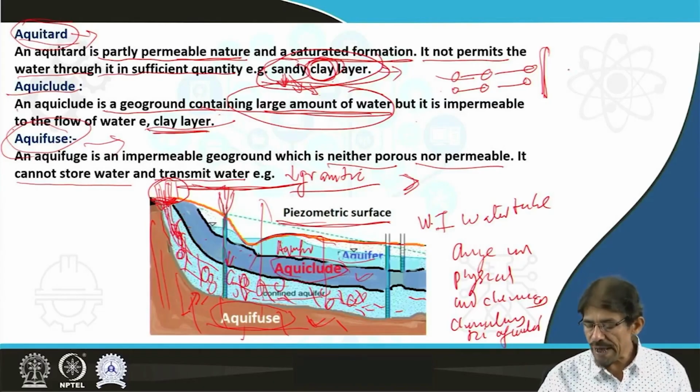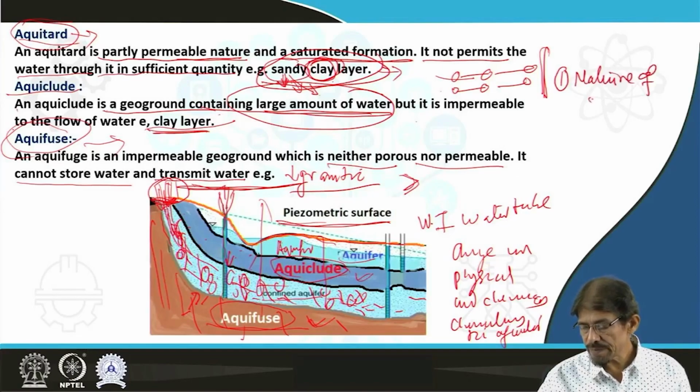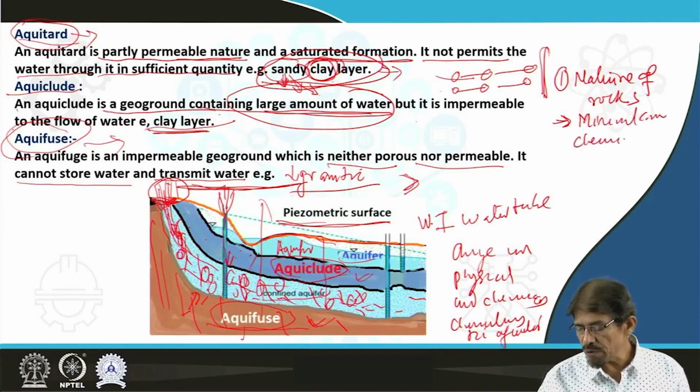But the product of the interaction depends first on the nature of rock. Nature of rocks here means the mineral constituents, the chemical composition, and the texture.